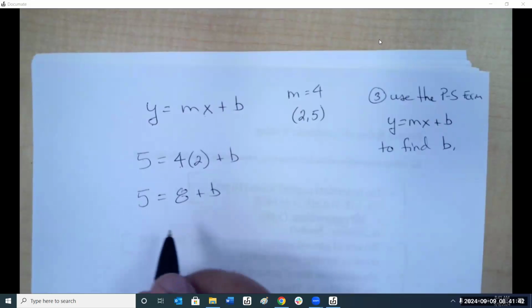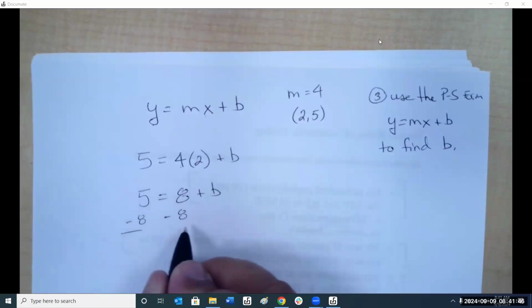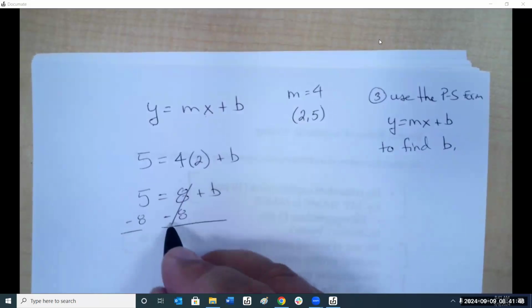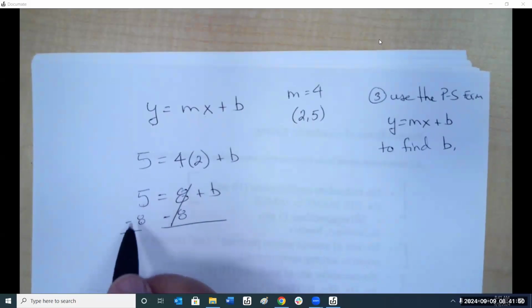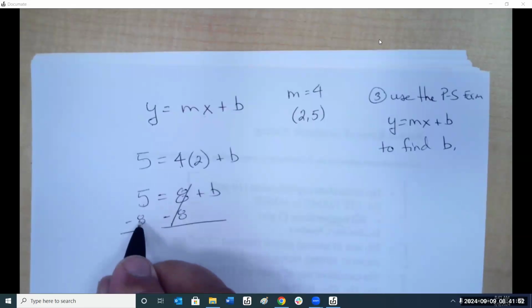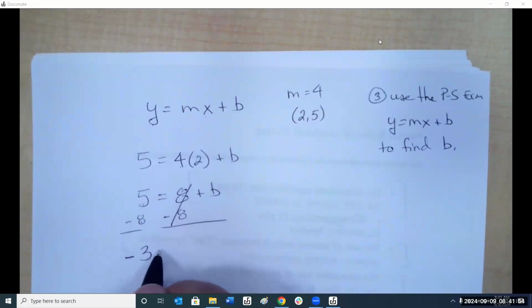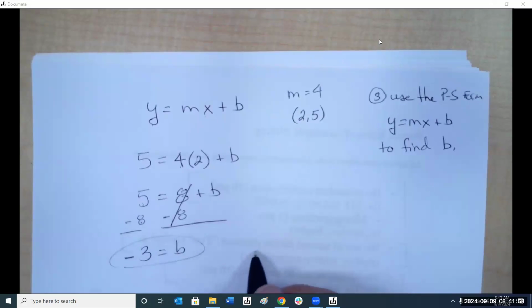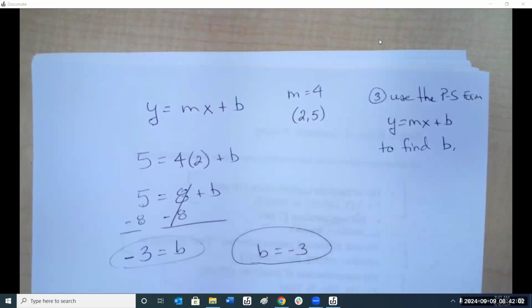Solve for b. 8 is bigger than 5, it's negative, so the answer is negative. 8 minus 5 is 3. So b equals -3.